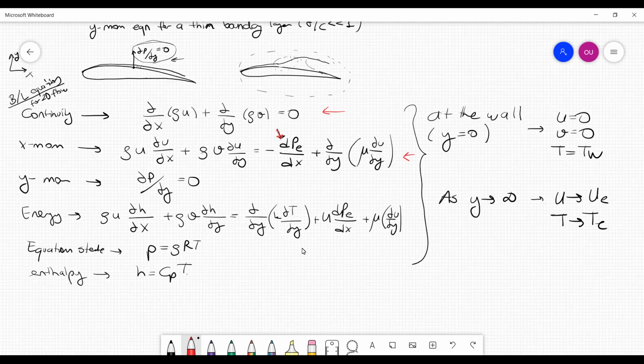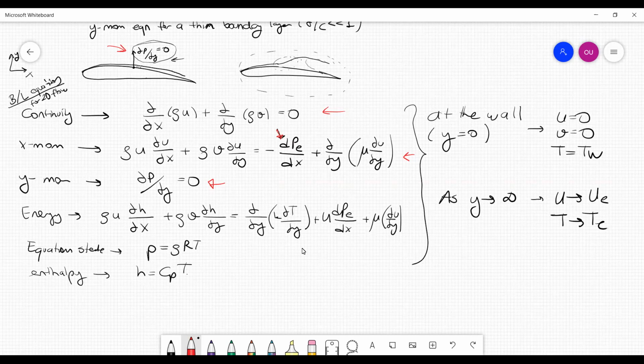The y momentum equation is almost lost entirely except for this term, which says the pressure gradient along the y direction is zero, as we explained up here.